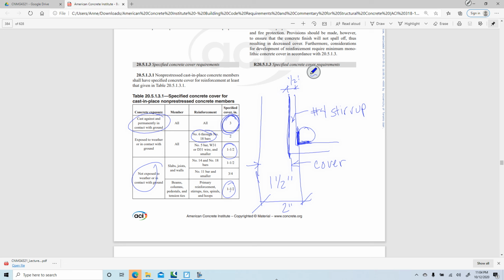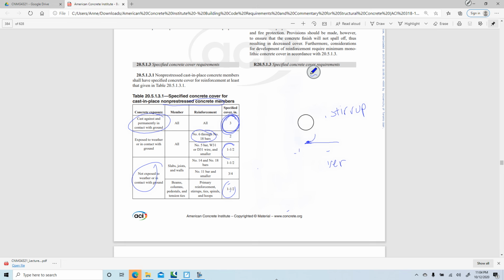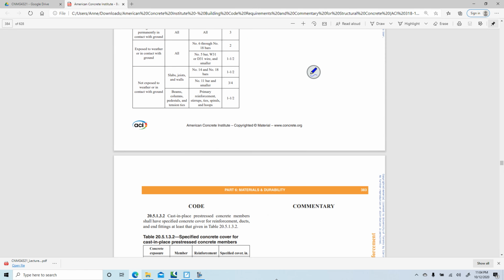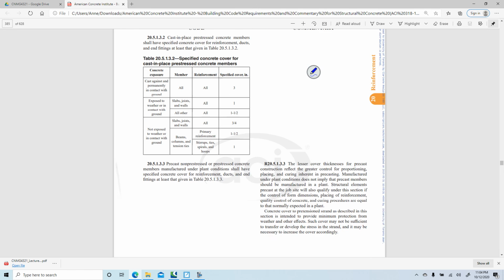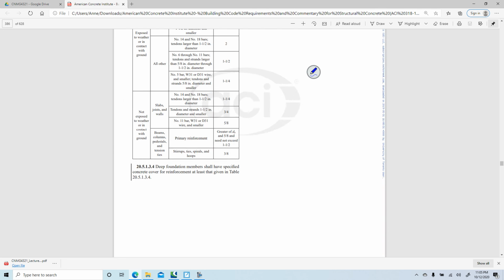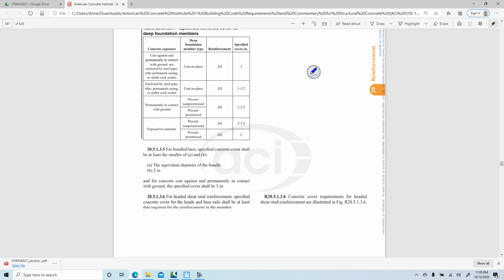And this is for non-pre-stressed concrete. Further in the chapter, it talks about pre-stressed or precast. This is cast in place. It also starts to talk about corrosive environments. Right now we're in pre-stressed, precast, deep foundations.